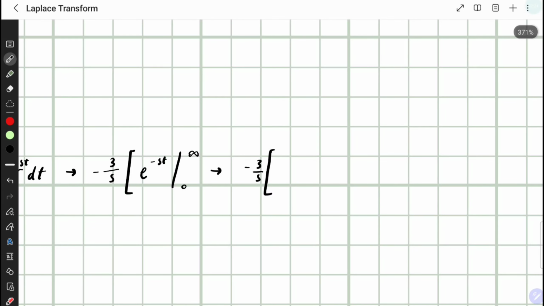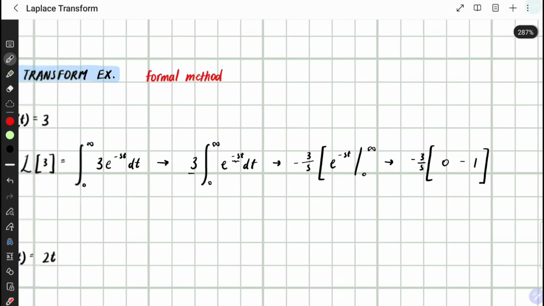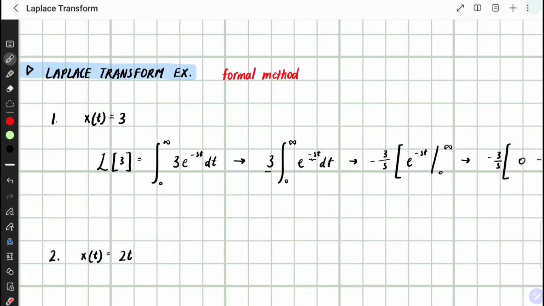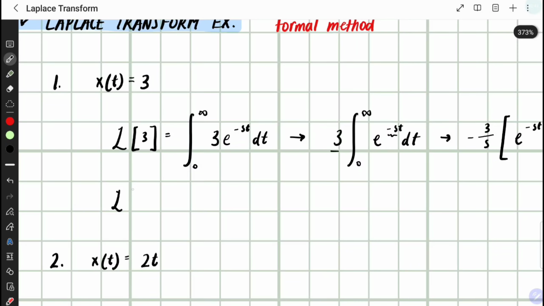So an infinity in the exponent, but it's negative, so that's 1 over infinity essentially, which is 0. Minus plugging in 0 here, e to the 0 is 1. So our answer is 0 minus 1, which is negative 1, times a negative 3 over s. We get the Laplace transform of 3 is equal to 3 over s.